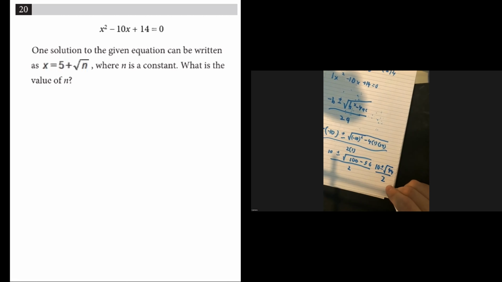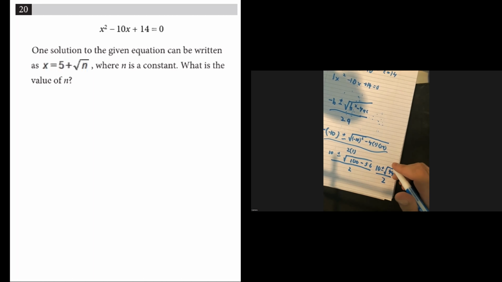And so now, as you can see, in the question it says x equals 5 plus root n. So we have to somehow get rid of this divided by 2. And it's only asking us for the positive, so there's no plus or minus, it's just plus.